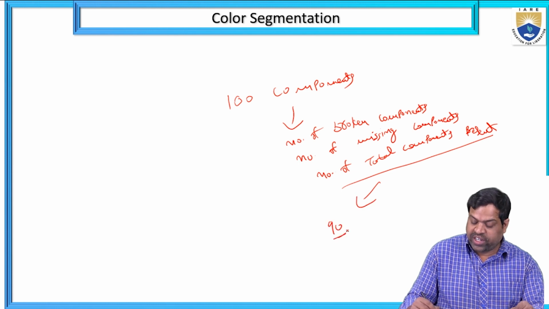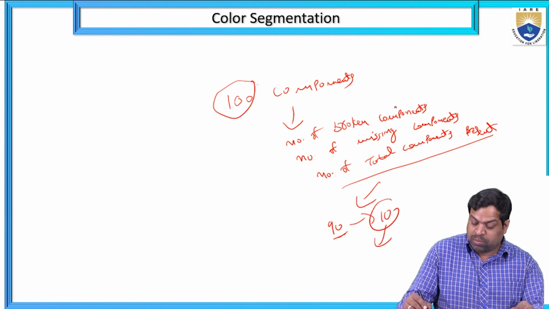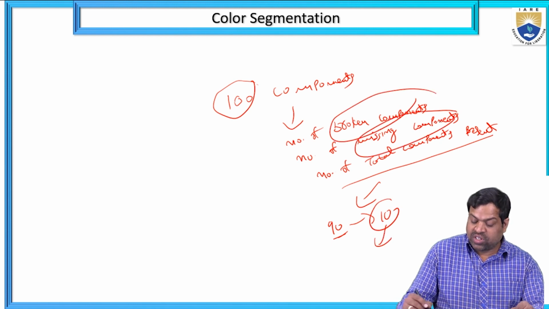Suppose 90 are present. Actually we need 100. So what about the 10? These 10 may be broken or missing. So it will be visible.